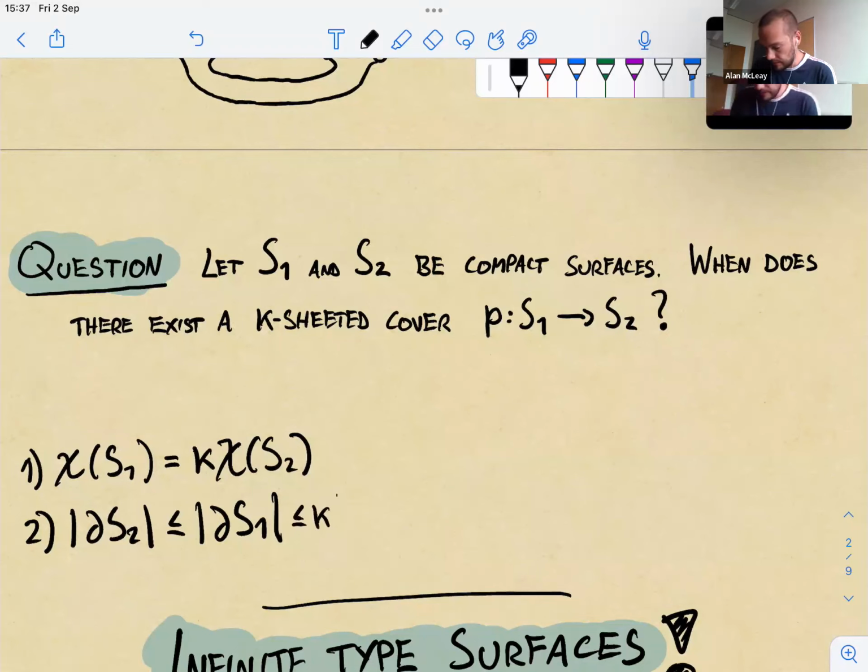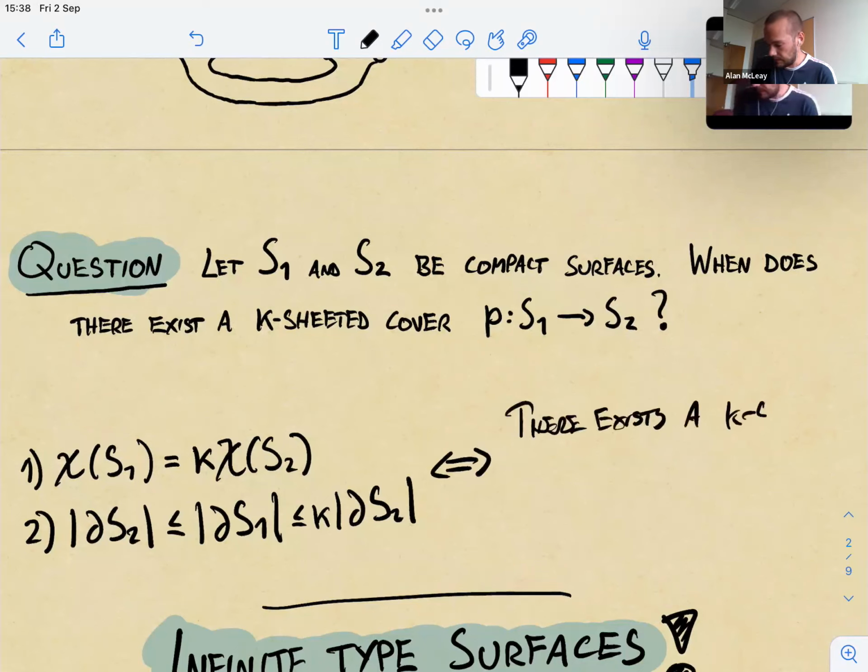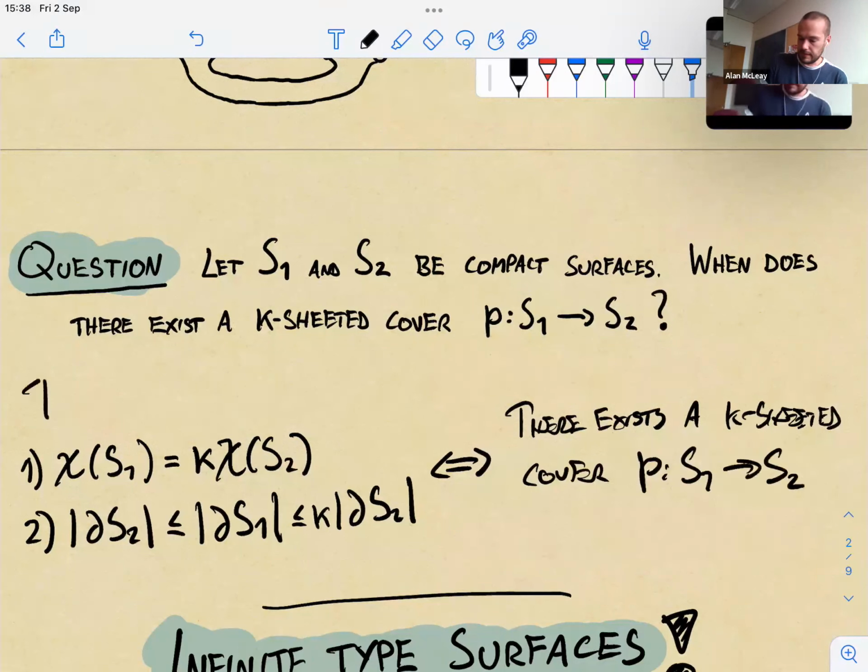Because this is a k-sheeted cover, so it can only have at most k pre-images. So these are two things that you need to build a cover. And it turns out this is exactly what you need. You can always do this if you have numbers that satisfy these equations. So there exists a k-sheeted cover. And that's the theorem of Massey.